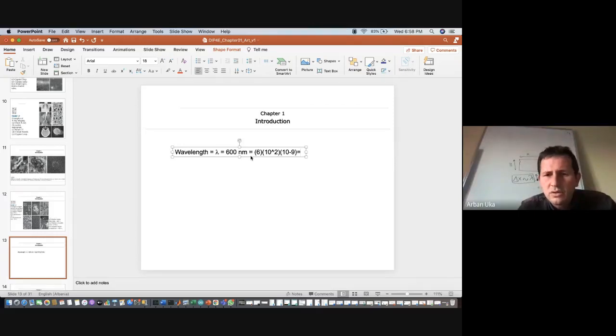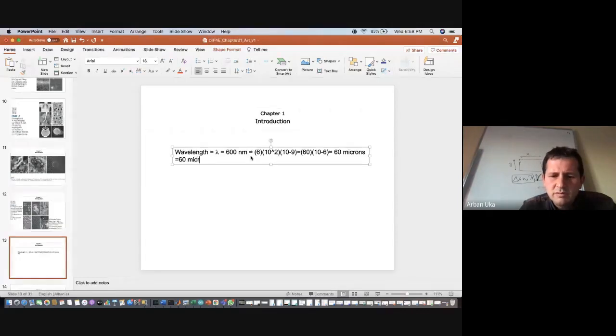So this will be equal to 60 times 10 to the power minus 6. 10 to the power minus 6 is micro, so that means that this is equal to 60 microns, or micrometers.